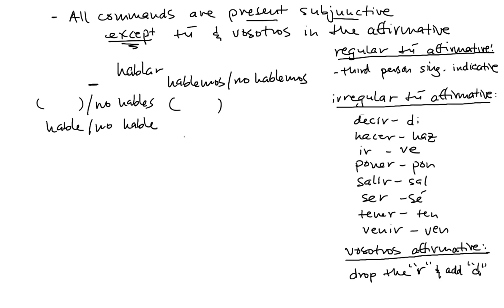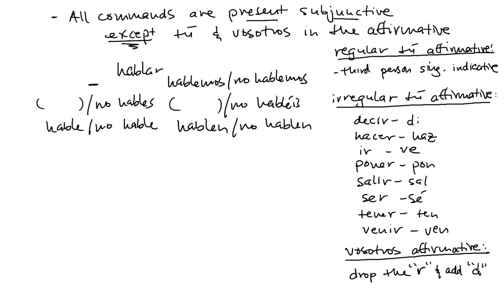Vosotros is an exception in the affirmative, but the negative would be present subjunctive. No habléis. And the ustedes form, commanding an ustedes group. Hablen, speak, all of you. Or no hablen, don't speak. Okay, so there's the simple verb with the subjunctive forms for the commands.